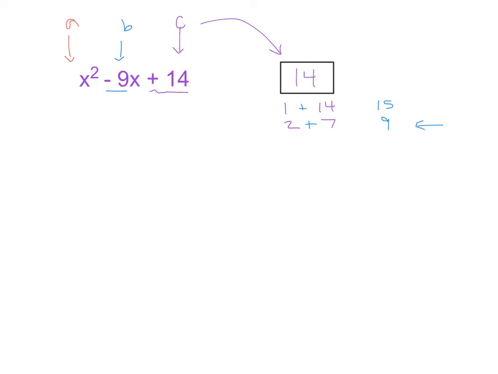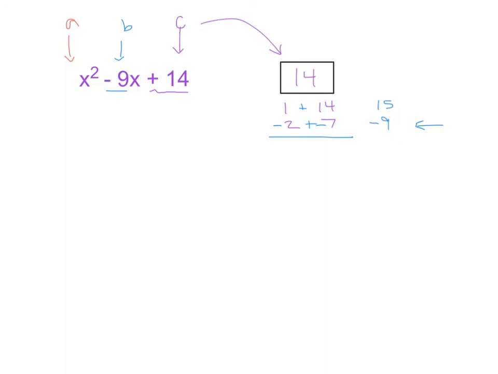So we need to do a quick switch with these two numbers, 2 and 7, so that we get a negative 9 instead of a positive 9. This will work because we would need both the 2 and the 7 to be negative, because negative 2 plus negative 7 is negative 9.